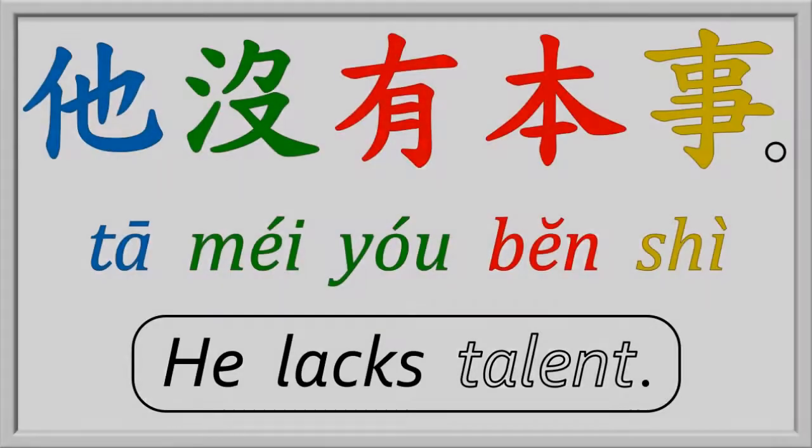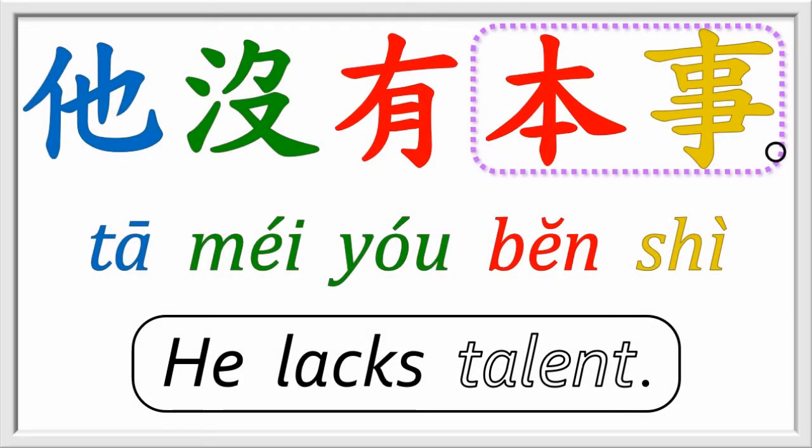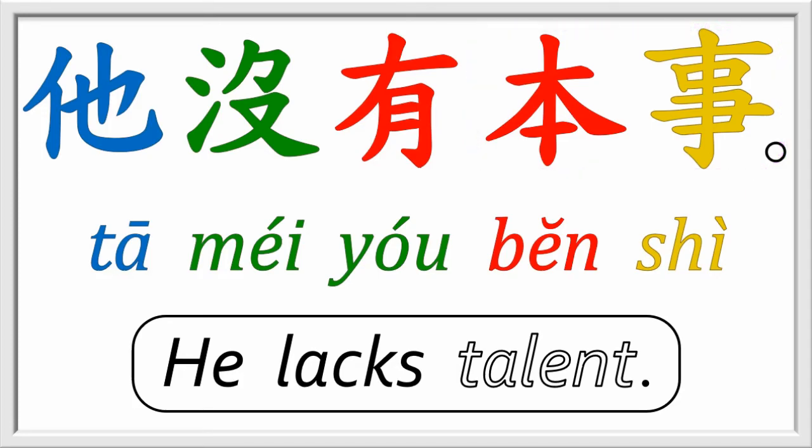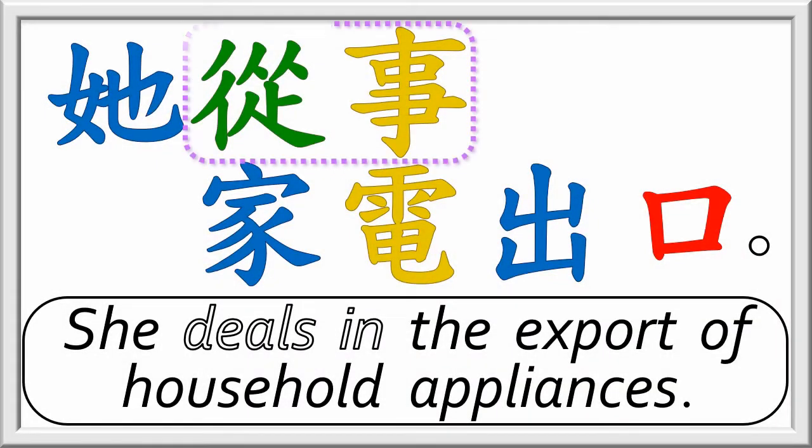Our next example uses 本事, translated as innate talent, literally root occupation or original skill. 他没有本事, he lacks talent. To be engaged in a specific occupation uses the expression 从事, literally to follow a business. 他从事家电出口.